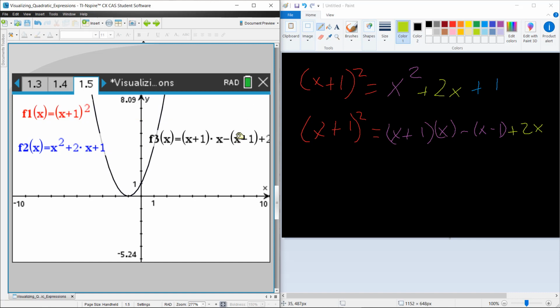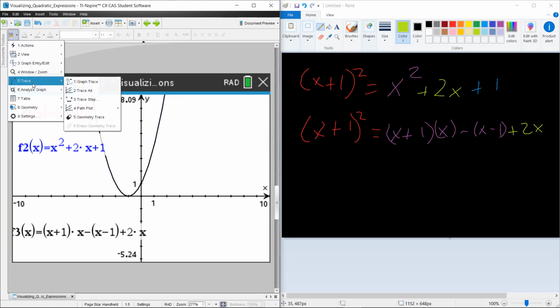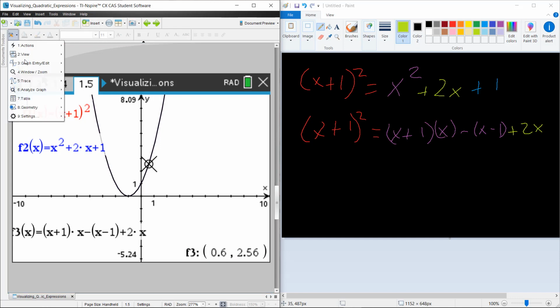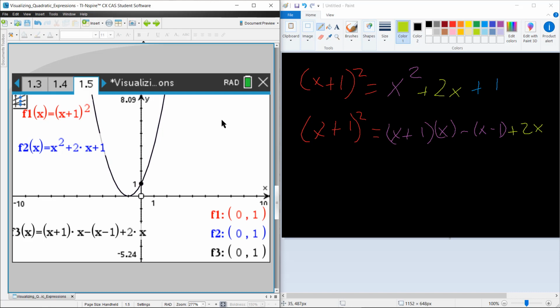And as a matter of fact, it appears that it does. We can use the trace to verify that, but that's another way we can mess with this. So now we have all three of those graphing at the exact same time. We can also use the feature trace all to show that for all three of those I have the exact same value no matter what value I have for x.